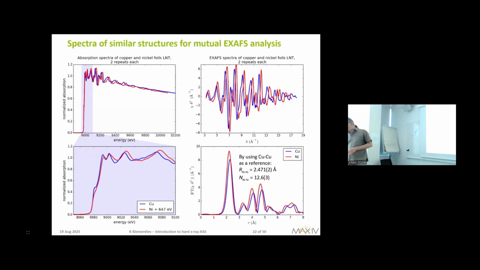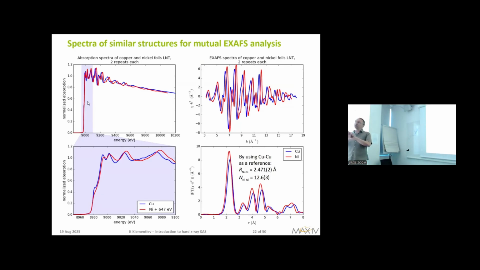Another way is to use experimental spectra of known composition, known structure, which is very similar to your unknown material. For example, if I measure two foils, copper and nickel, and just overlap them.